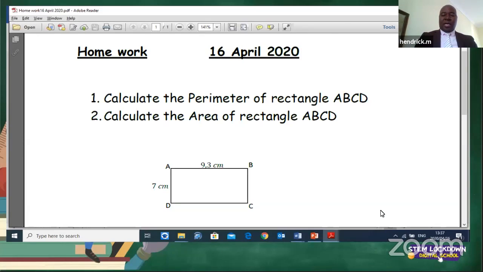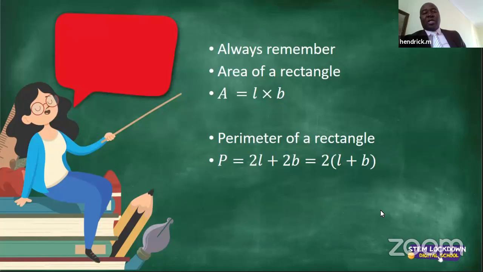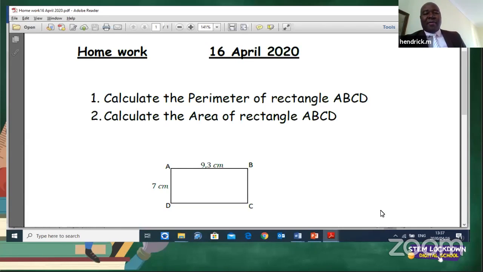And of course, this brings me to the end of our lesson this afternoon. The following activity forms part and parcel of your homework. I hope that you will take the time and the trouble to take the picture there. As you can see, today's date, 16th of April, 2020. The first one there, calculate the perimeter of the rectangle ABCD.